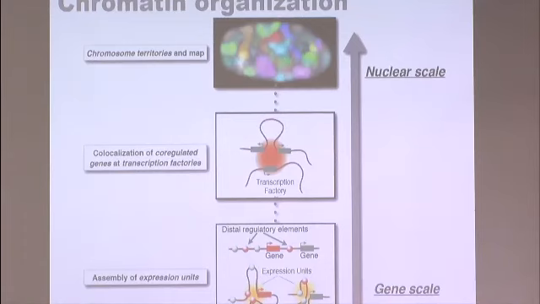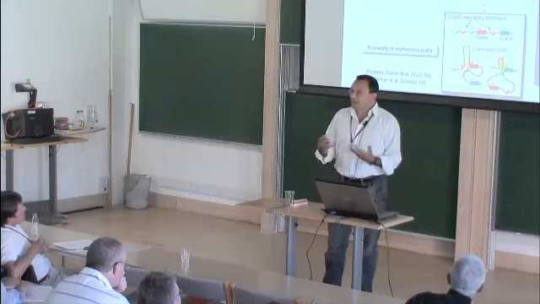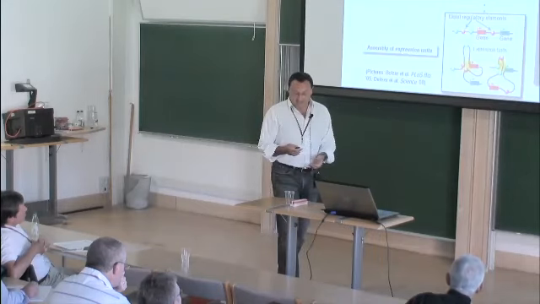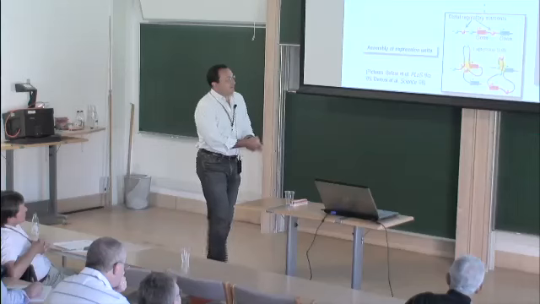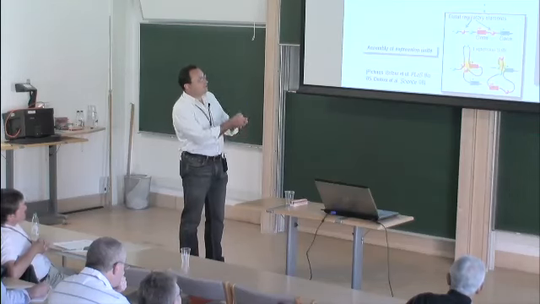And you see there is a sort of geographical map where each chromosome has preferential neighbors. And those maps are changed in different tissues during differentiation and so on. So once more, a complex organization. And the feeling is that you have an organization which goes through a very broad range of scales.